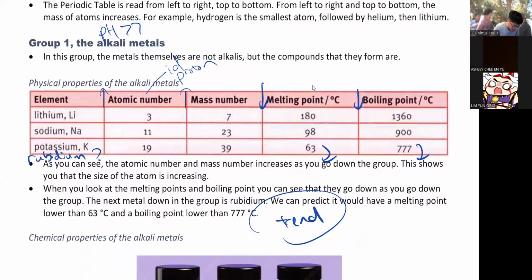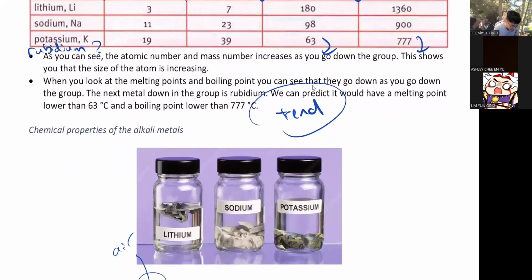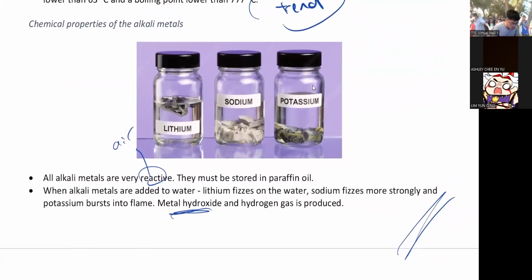Group 1, coming down, you have to know the trend. As I said, 那个趋势它变大还是变小. So that's your trend. As they come down, the atomic number increases, mass number increases, melting point decreases, boiling point decreases. As you know, group 1 metals are very reactive.